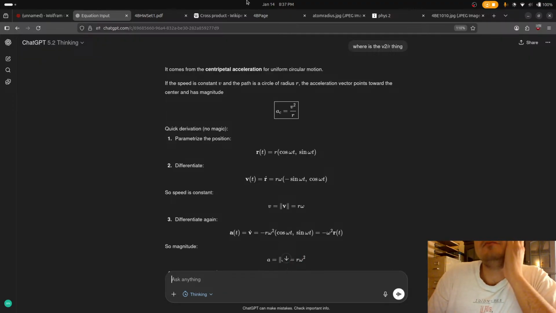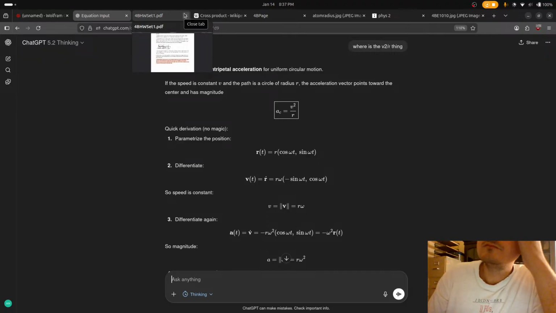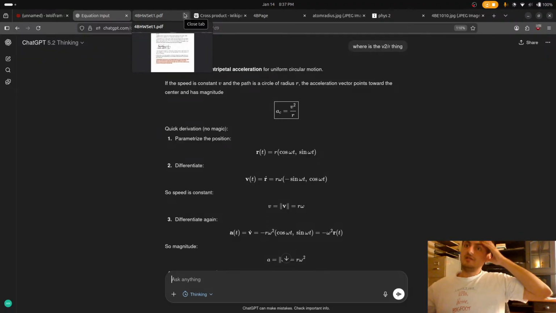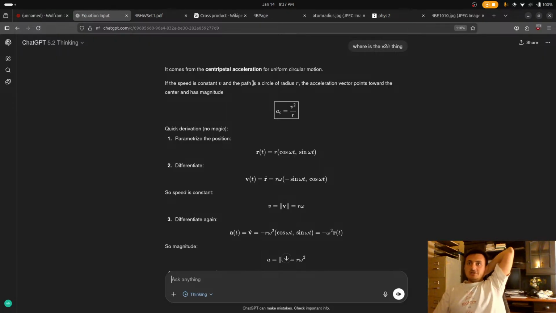Oh, the centripetal acceleration. Okay, cool.